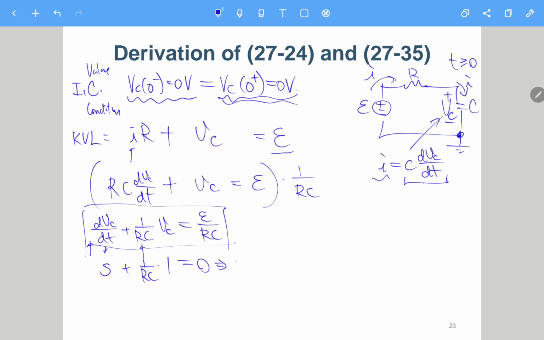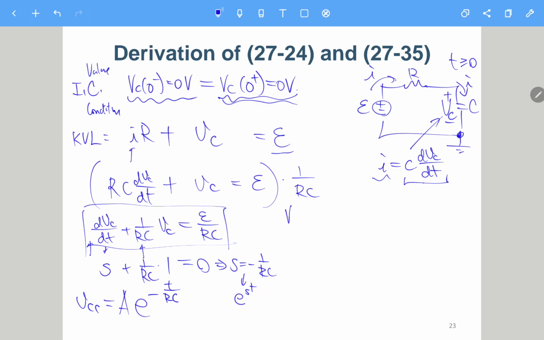So we can quickly find that S is negative 1 over RC, which means that VC, the complementary solution, should be A times exponential to negative T over RC. If you still remember, it corresponds to the solution exponential to ST. So you plug S in there, so it will be negative T over RC, and then of course multiply by a constant because it is linear.